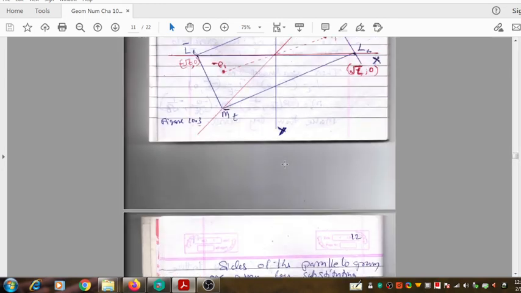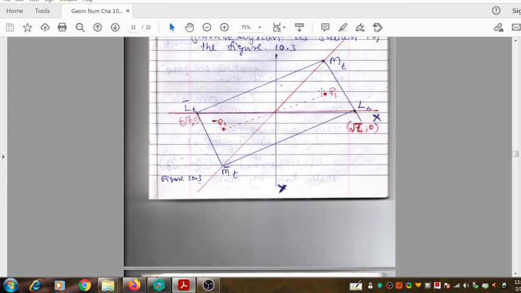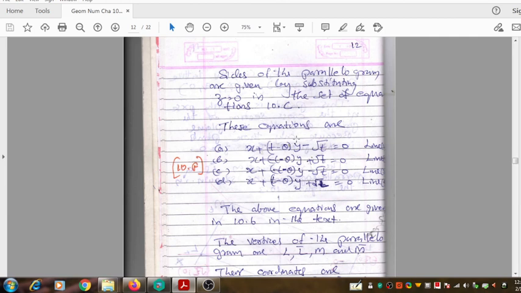X minus root t equal to 0 happens when the point is on the line. So we have x minus root t equal to 0 or x plus root t equal to 0.